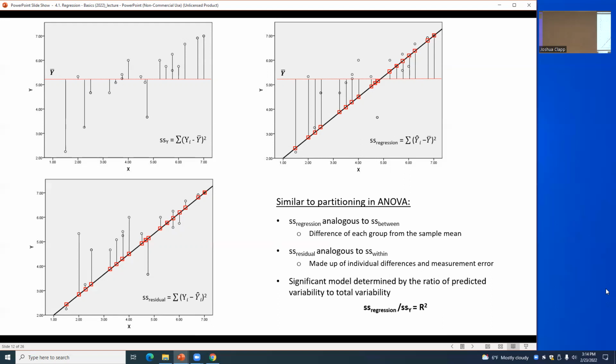This is my error: how far off am I from the predicted value? What I use to determine an adequate model, or something statistically significant, is the ratio of my predicted variability to my total variability. If I take my sum of squares regression divided by my sum of squares total, that gives me my R squared value.